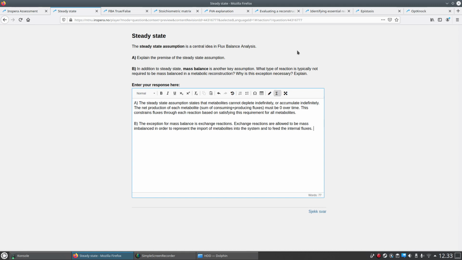That is essentially the exception to mass balance. Steady state and mass balance are two requirements that feed into each other and interplay quite significantly for FBA, because it's the combination of the two that really imposes the key set of constraints from the stoichiometric matrix.